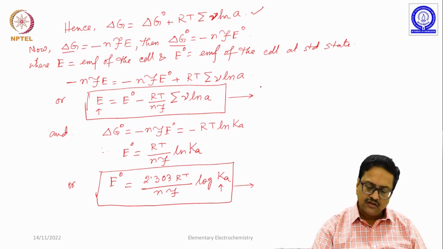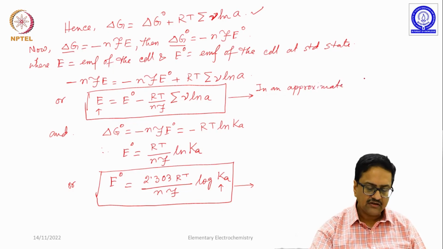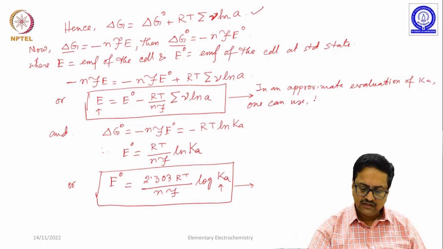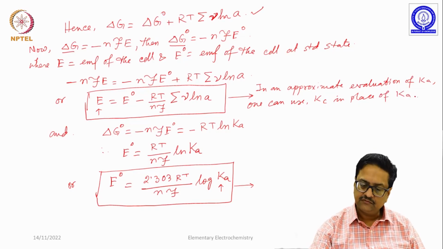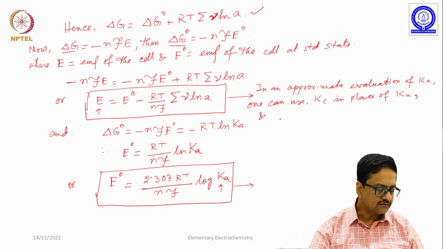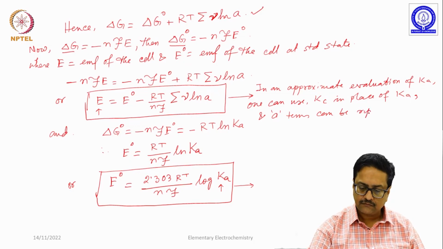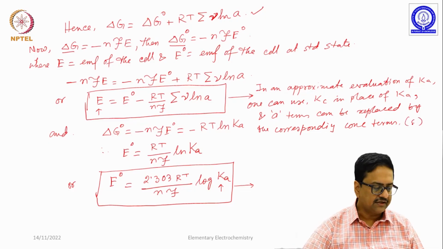So in an approximate evaluation of Ka, one can use Kc in place of Ka, that is the equilibrium constant in terms of concentration, and activity terms can be replaced by the corresponding concentration terms, that is small c, right?